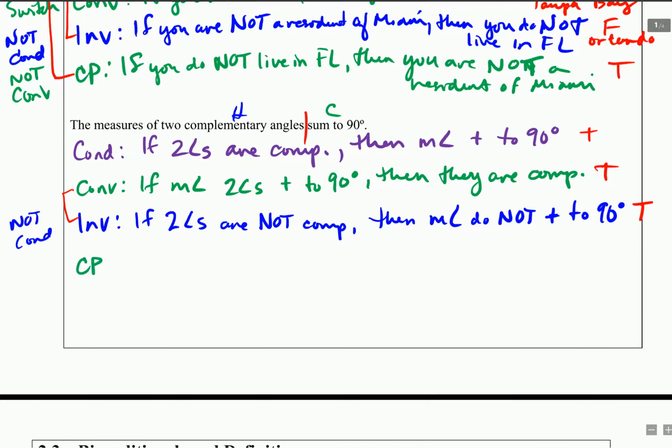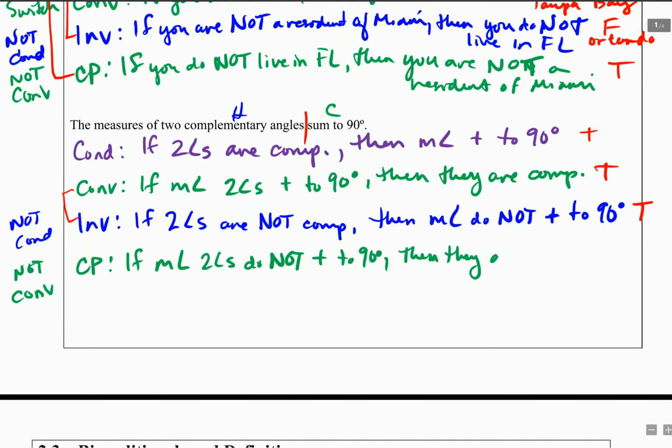And our last one here, contrapositive. Remember, we negate our converse on this one. So if the measures of two angles do not sum to 90 degrees, then they are not complementary. Is that true?